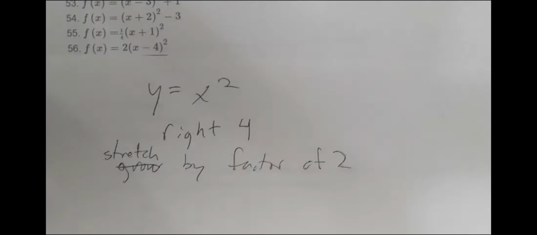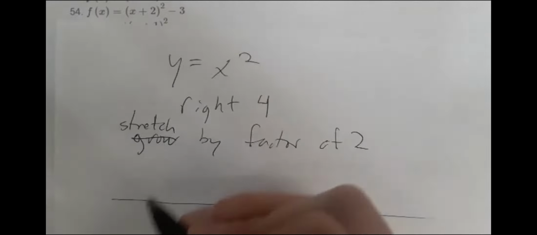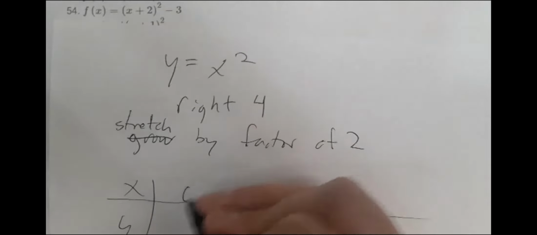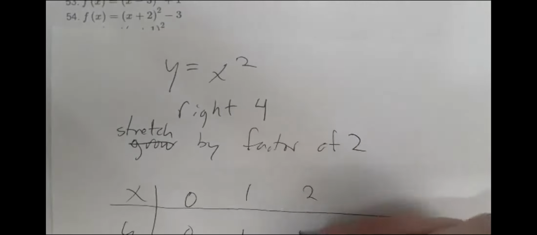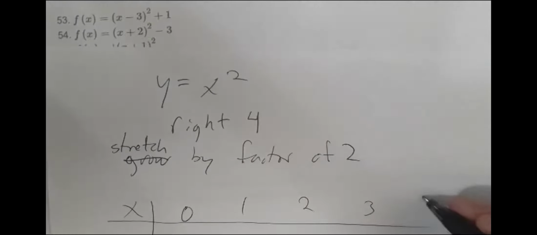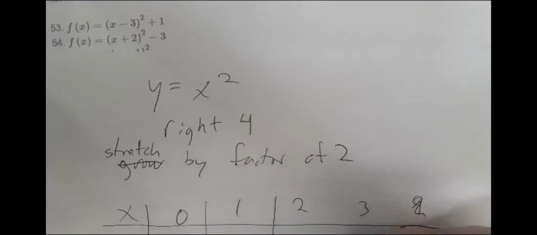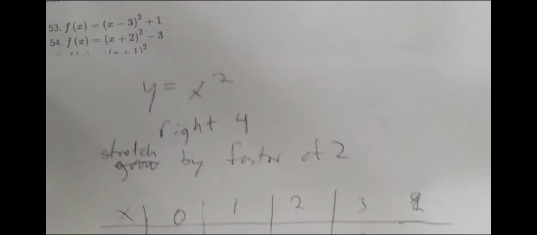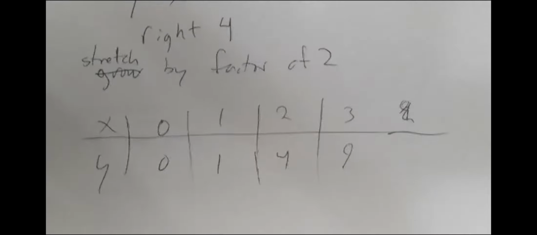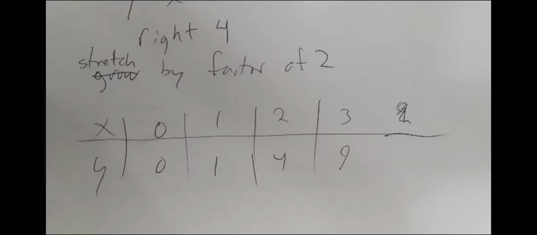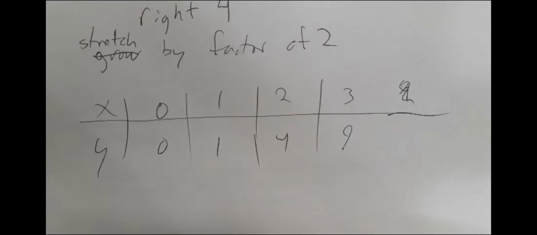So if we start with our regular old x squared function, 0, 0, 1, 1, we're thinking 2, 4, we're thinking 3, 9. We probably don't need to get 4, 16. We don't need that many on this one. I know I want to move it right 4. And then I want to stretch it by a factor of 2, whatever the heck that means.